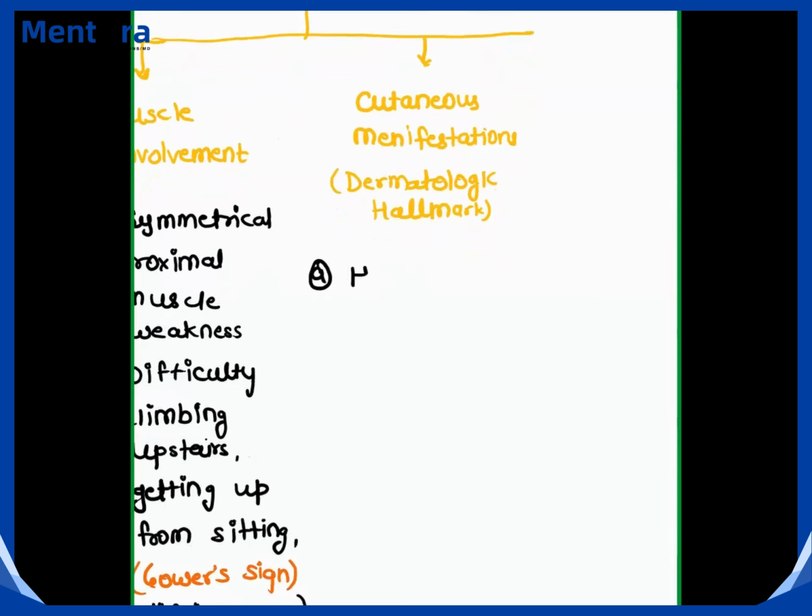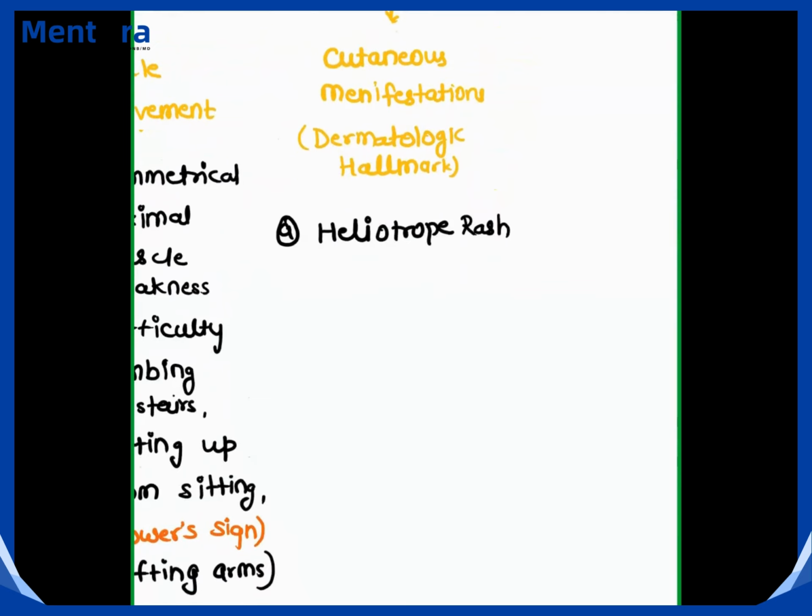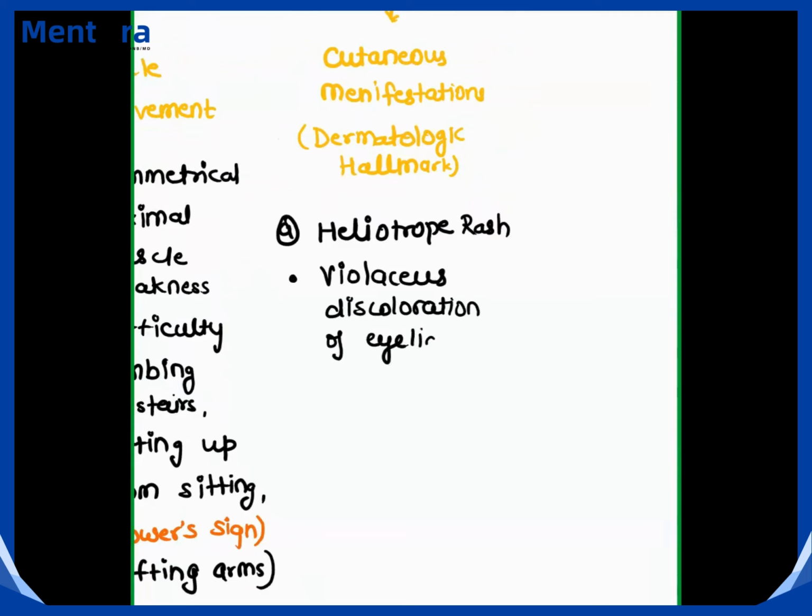There is characteristic heliotrope rash. That means there is violaceous discoloration of eyelids along with periorbital edema.